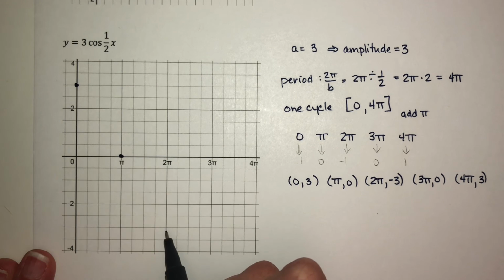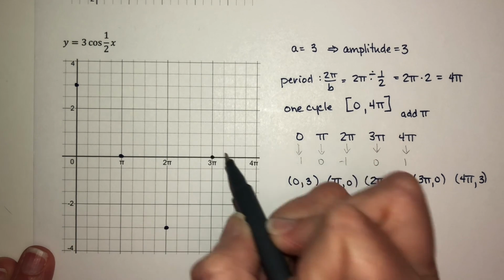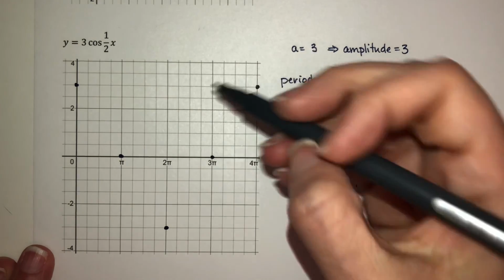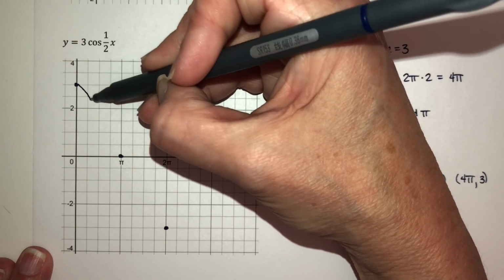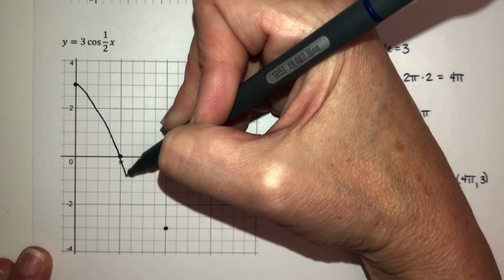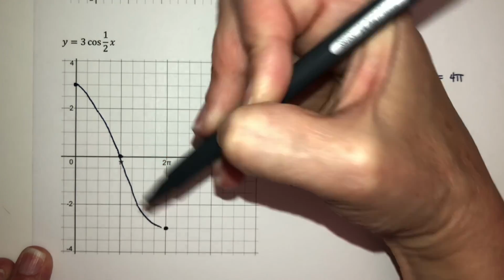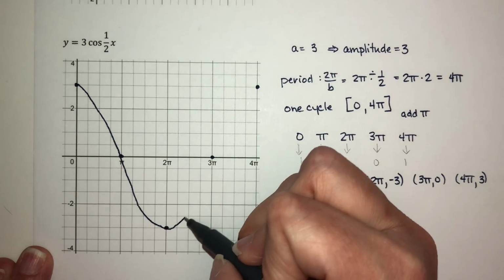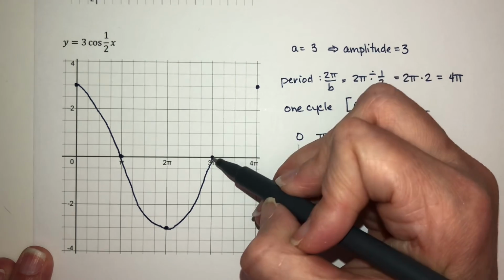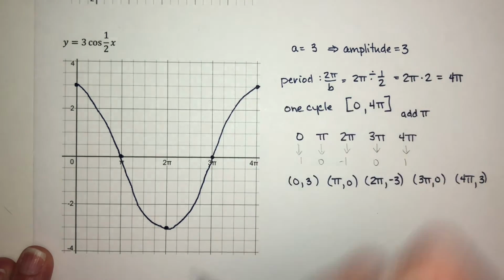Pi 0, go down to -3, back up to 0, to +3. And then connect these with a smooth curve to get your graph.